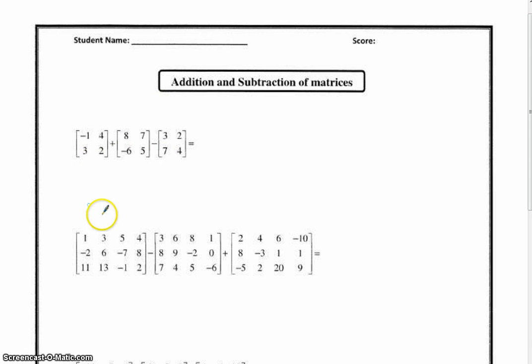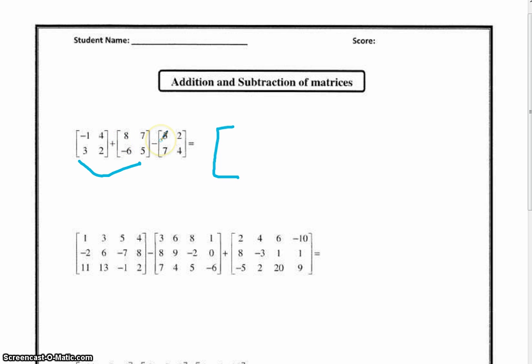If you have 3 terms, it's still no big deal. You can either combine these two and then, or you can go across. If you go with all of them at once, just be careful. -1 plus 8 minus 3.